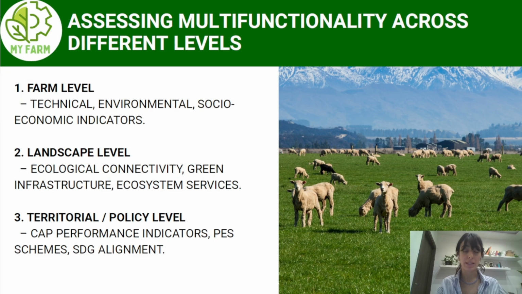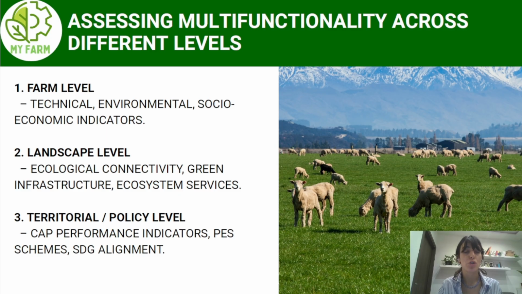At the farm level, multifunctionality is assessed through indicators that describe how farmers manage resources and deliver multiple outputs. We have technical indicators including yields, livestock productivity, diversification, and input use efficiency. This helps evaluate economic performance and resilience. We have environmental indicators such as soil organic matter, nutrient balance, and water quality.